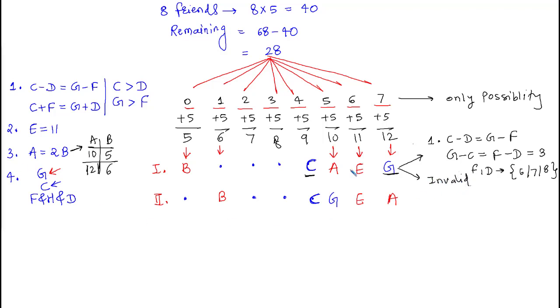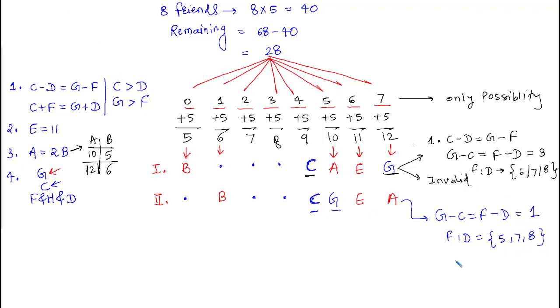Now let's check the second case. In the second case, G minus C is equal to F minus D. This difference is going to be how much? Over here G is 10 and C is 9. This difference is equal to 1. So F minus D is equal to 1. And F and D are going to take which values? 5, 7 and 8.